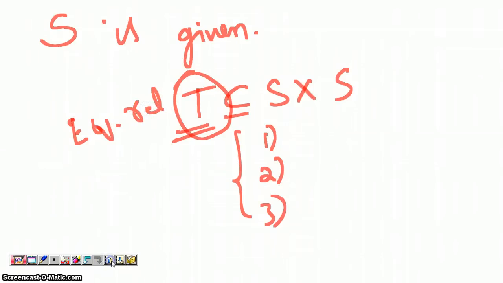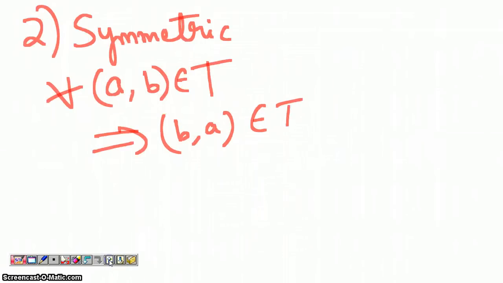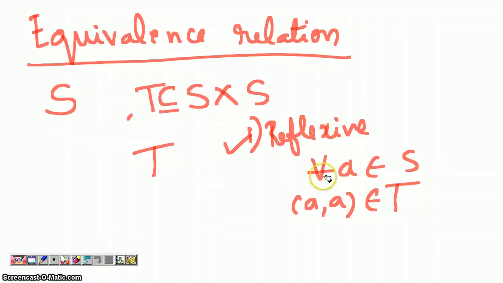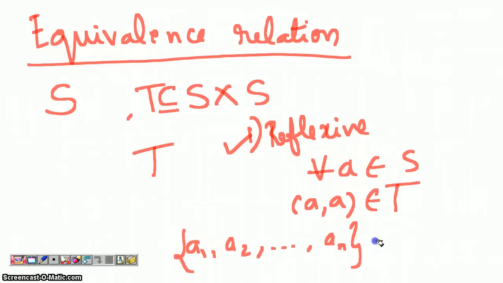As you can see, the reflexive property says that for every A in S, A comma A must belong to T, which means assume S has n elements. Then each of these, let's say A1, A2 up to AN, are precisely the elements that belong to S.